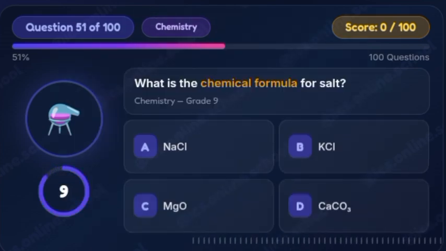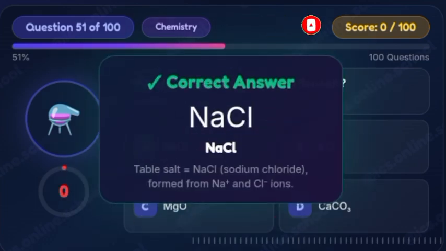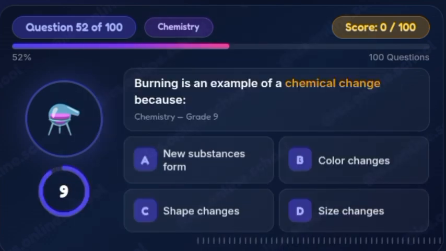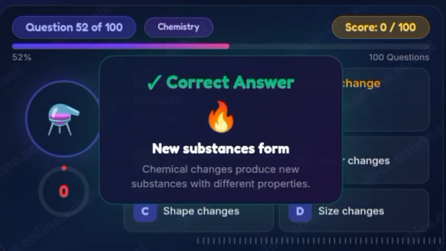What is the chemical formula for salt? Sodium chloride. Burning is an example of chemical change because a new substance is formed.